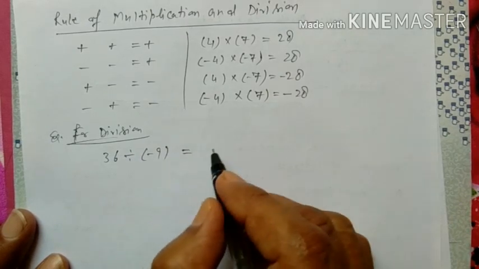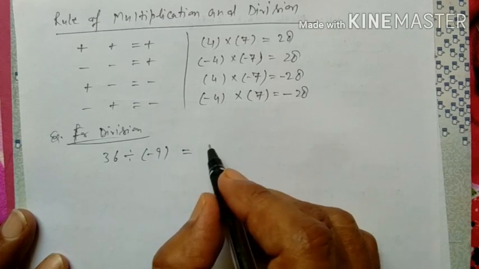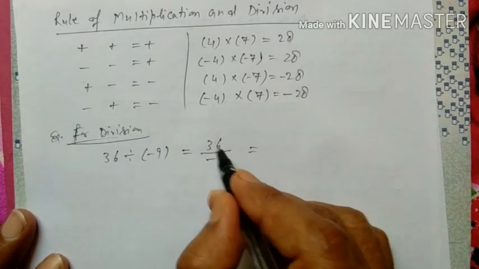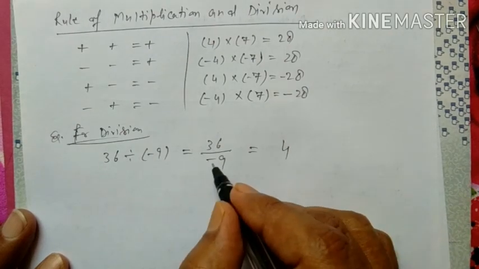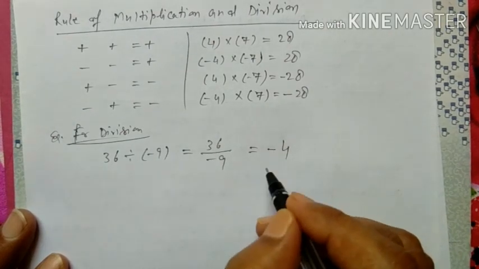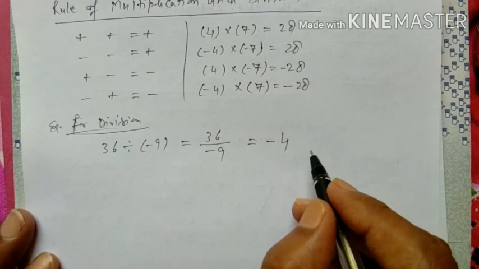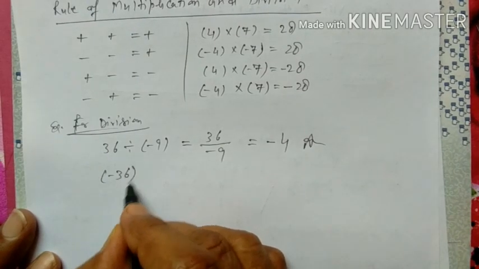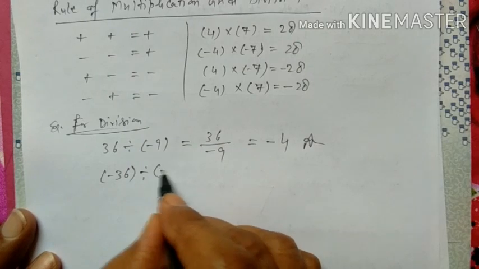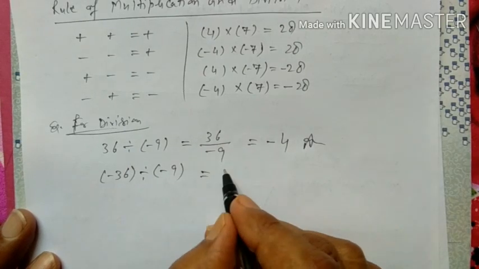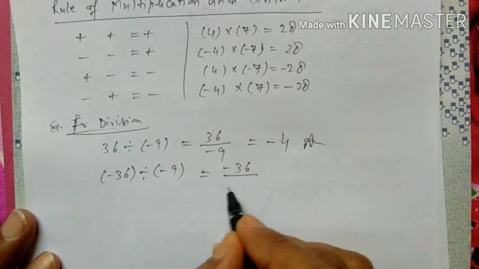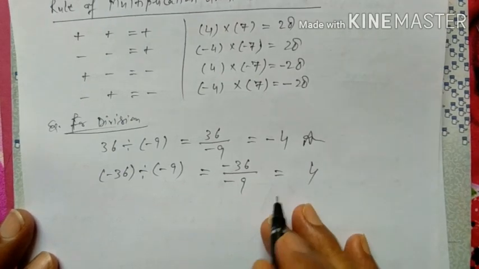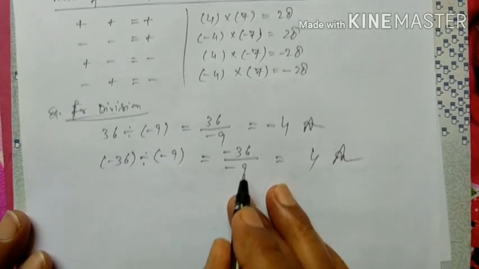So you will write 36 by minus 9, 9 fours are 36, and one minus, so you will write minus 4. This is the answer. And when minus 36 divided by minus 9, then minus 36 by minus 9 equal to 4. Minus minus will be cancelled out. This is 4, the answer.